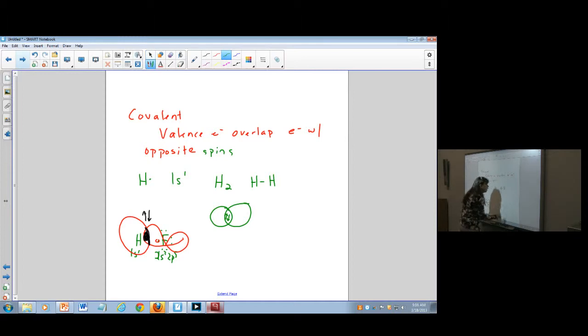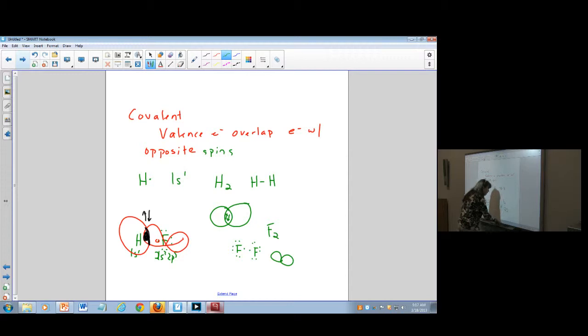Maybe we could do F2. Each F is still configured like, well, let me just draw it. All right, like that. Again, those are from the p orbitals. The overlap is going to be at the p orbitals.